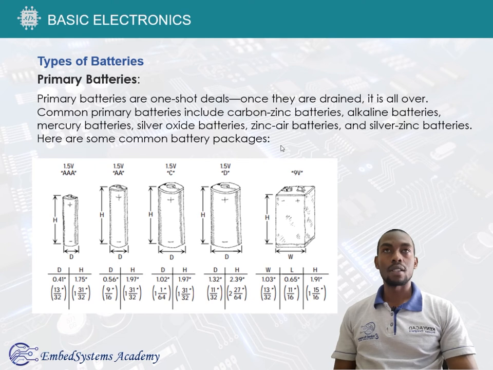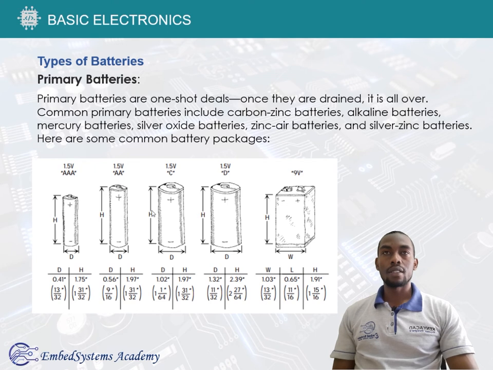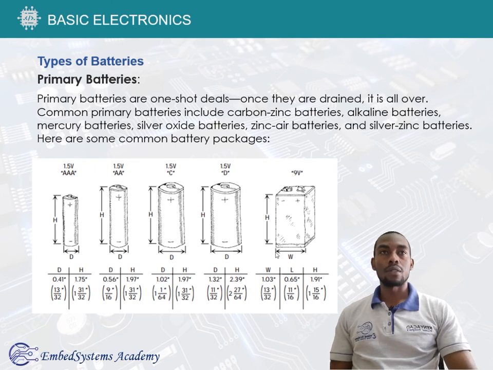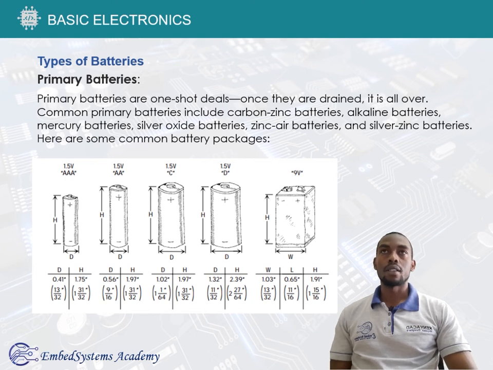They also come in certain packages. You've seen batteries labeled AAA, with a voltage of 1.5 volts, and AA, which change in size, and we have seen 9 volt batteries, mostly in wireless microphones and some of our devices. Those are primary batteries.